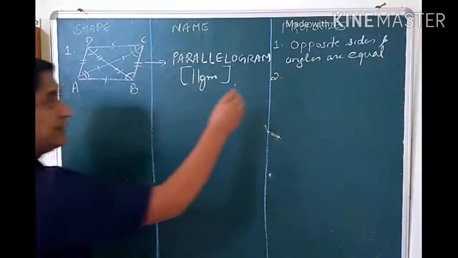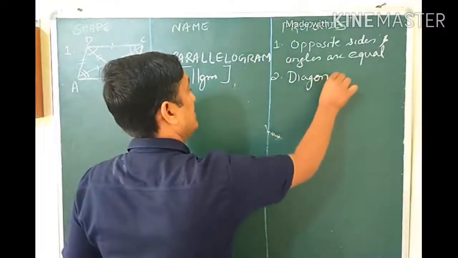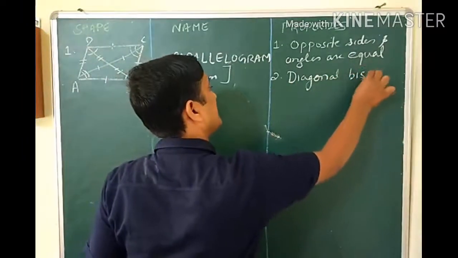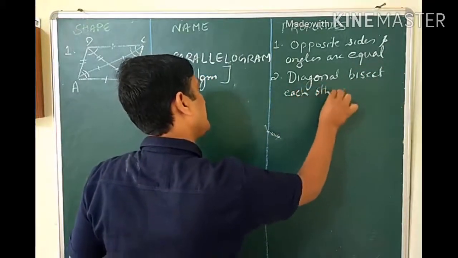Then the second is diagonals bisect each other. Diagonals bisect each other. Next comes their types. Rectangle.